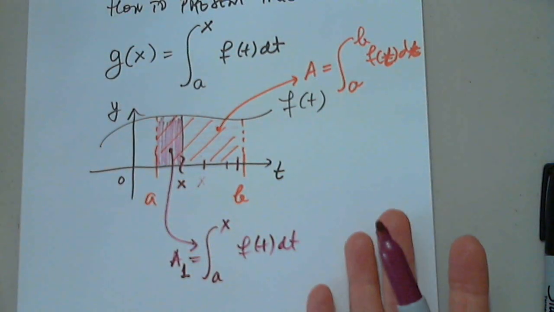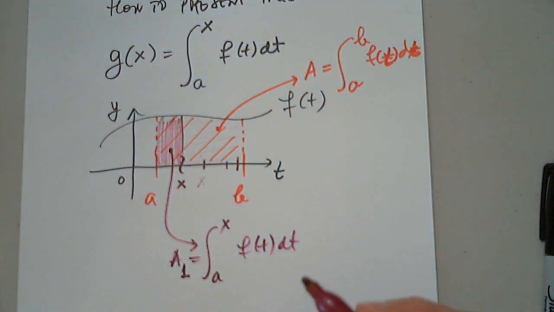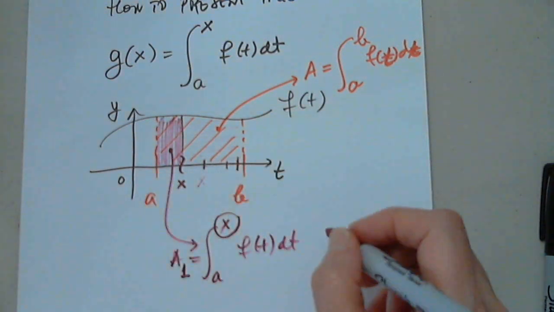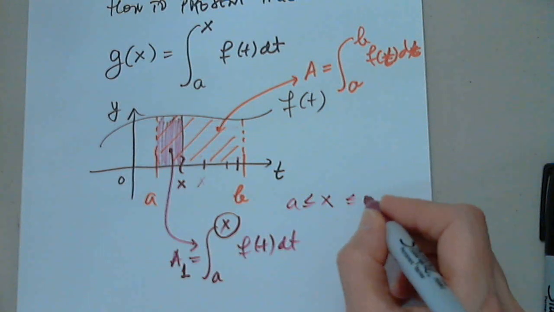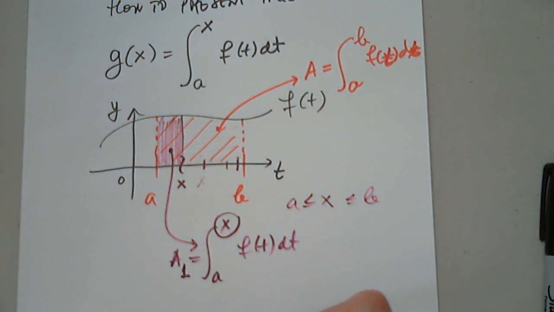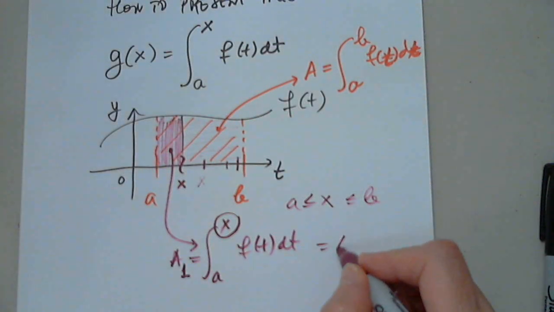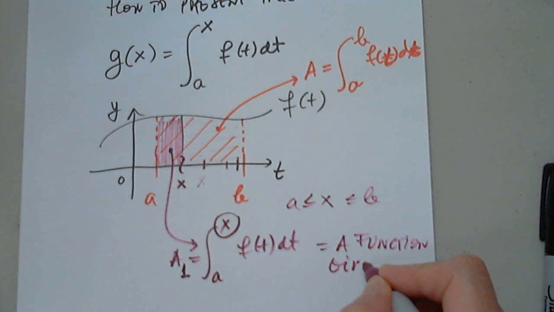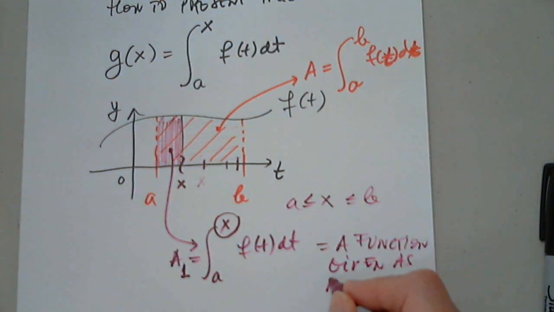What I am really telling you is that because x can be any number between a and b, we are just creating a function. So this is a function given as an integral.